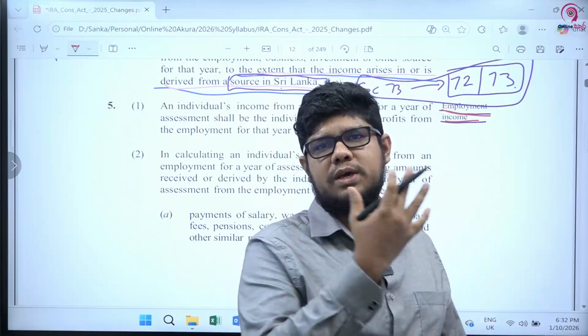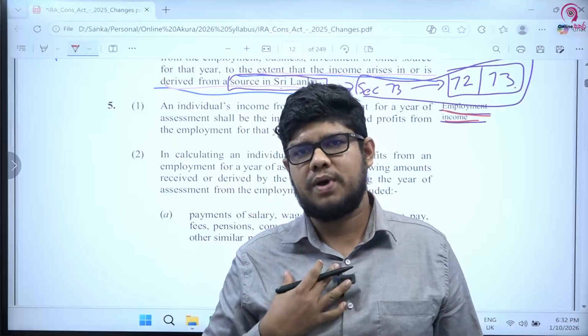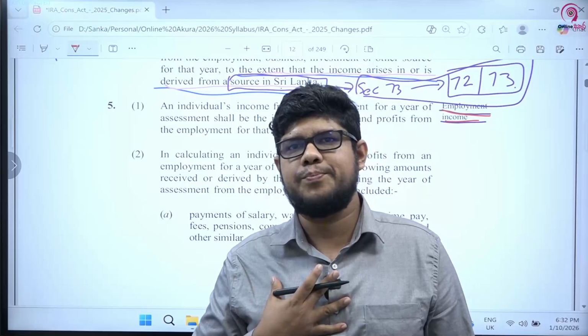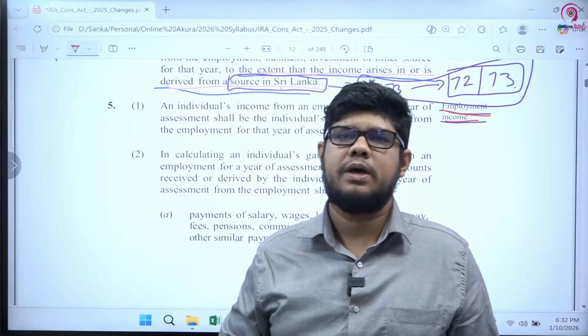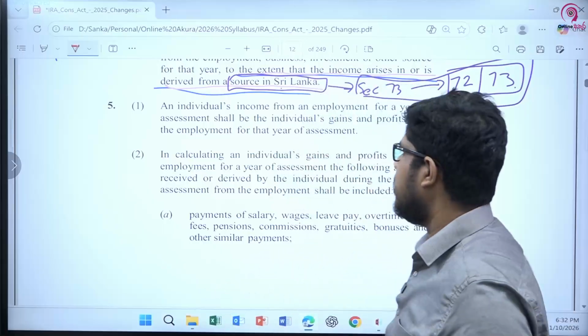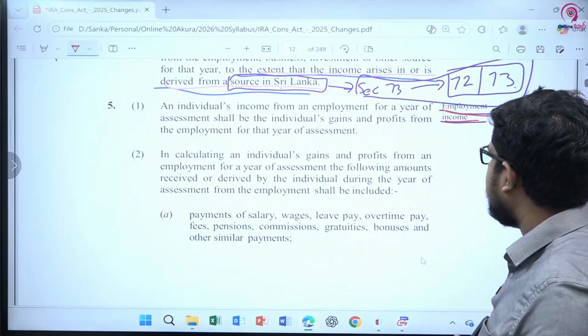Maybe we are working in some company, some partnership, some firms. Likewise, we might be working somewhere, so we are being employed by them. Employer-employee relation, employment, right? And individuals' income from an employment.